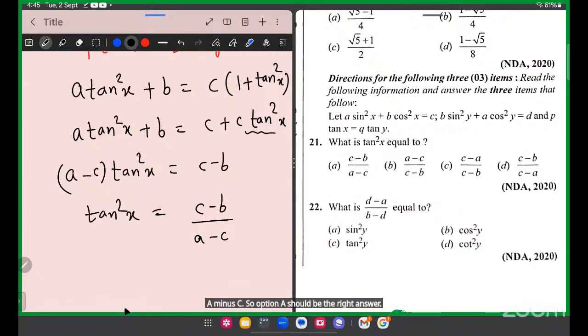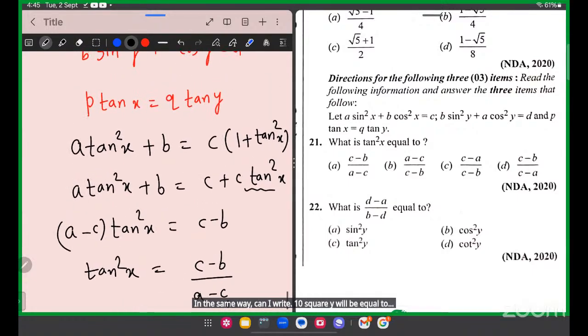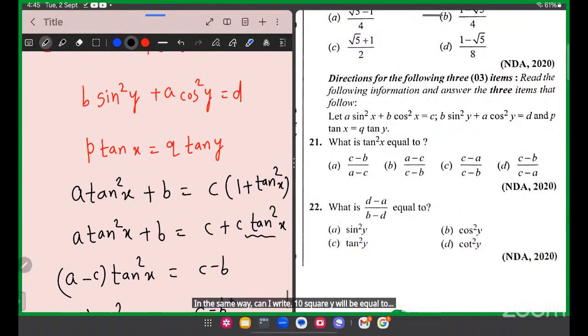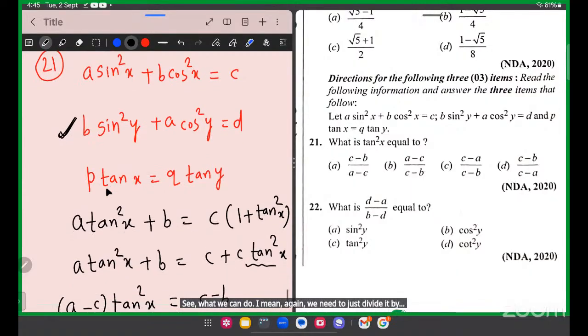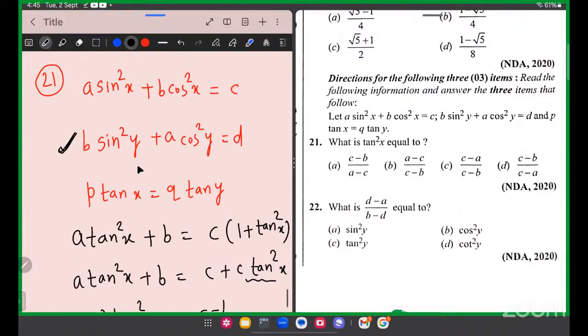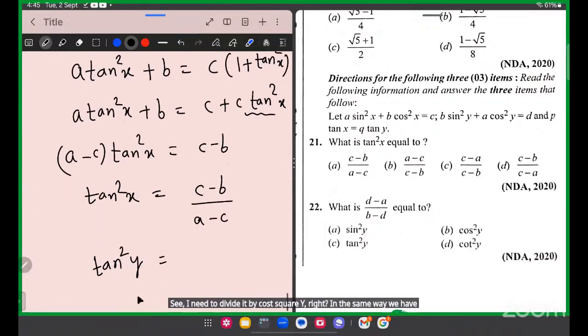In the same way, can I write tan square y will be equal to, see what we can do. Again, we need to just divide it by cos square y, right? In the same way, we have to find out the answer.